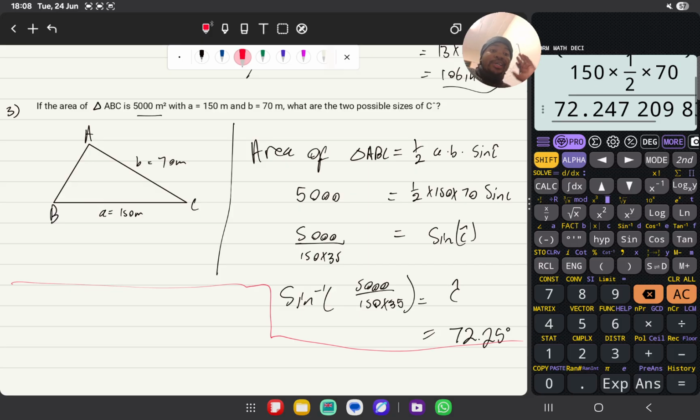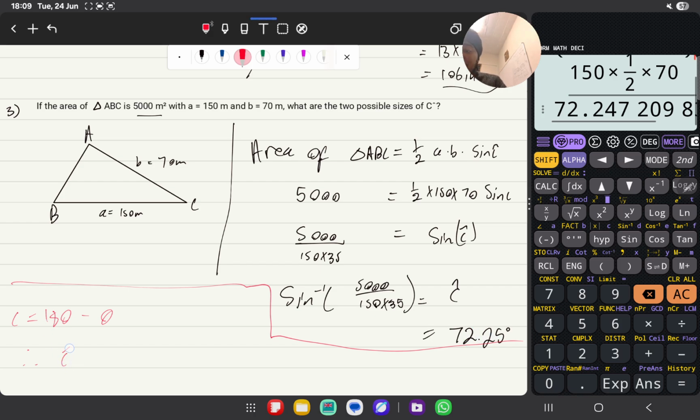In your Cartesian plane, it's positive in the first quadrant and in the second quadrant, where we have 180 minus theta being your possible angle. So therefore we have theta, which is 72.25.